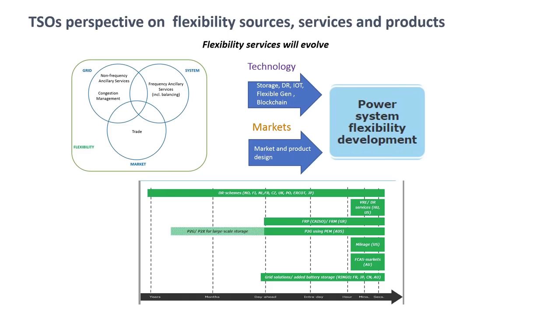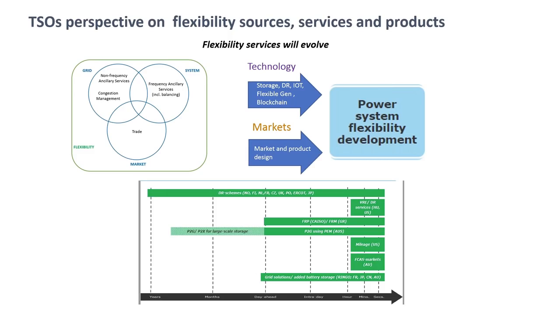When talking about flexibility, we look at the needs of the system. This is mainly related to the frequency control. We can also look, of course, at the grid services, and here we have non-frequency ancillary services as well as congestion management, and of course services in the markets.